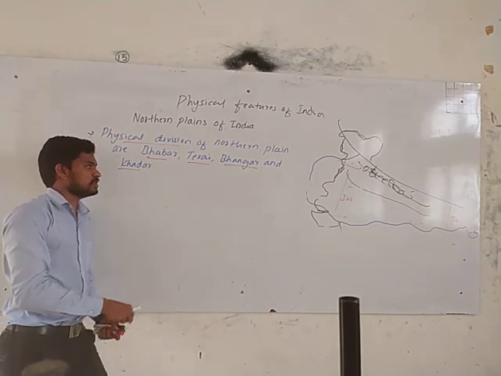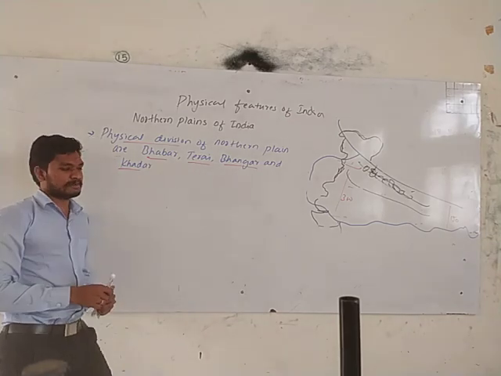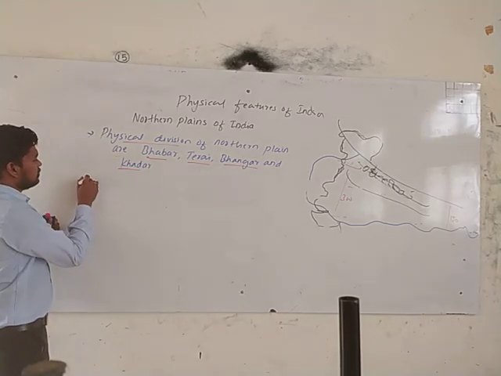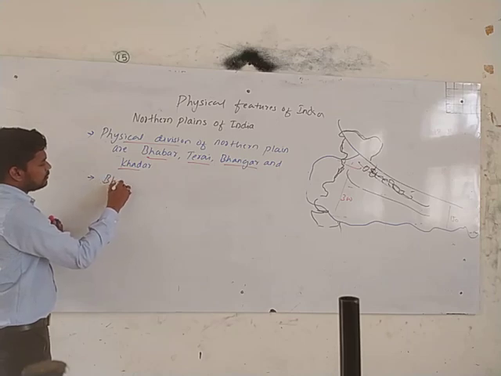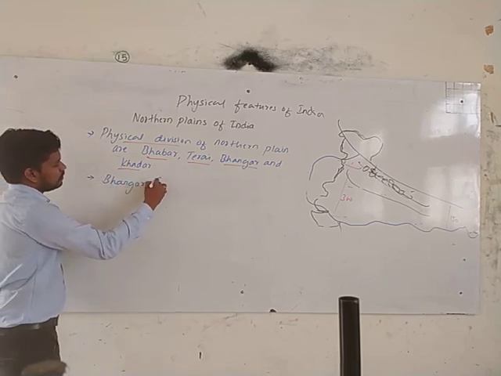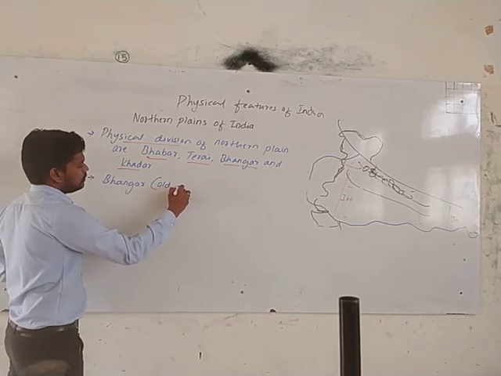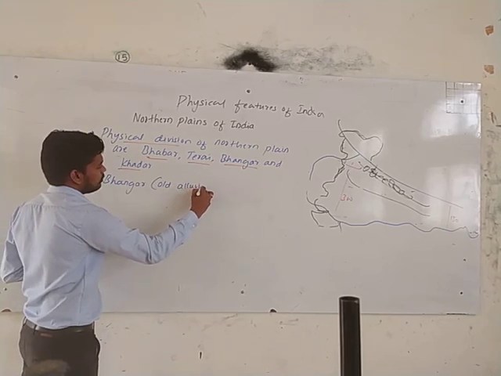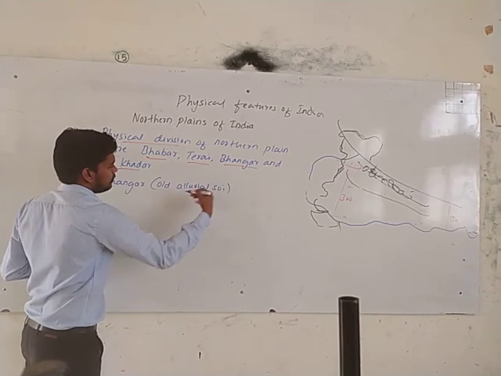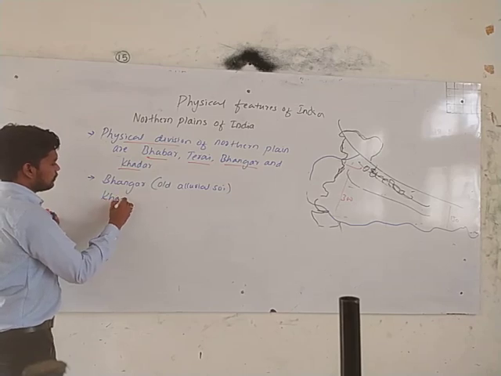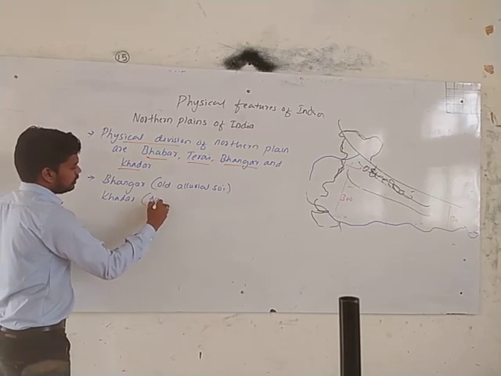You will get to learn about this Bhabar, Bangar and Khadar. Bangar is also called old alluvial soil. Khadar is new alluvial soil.